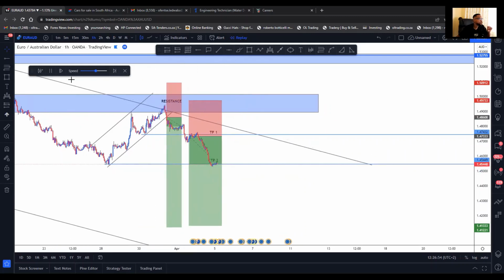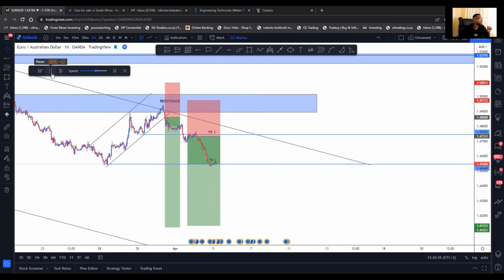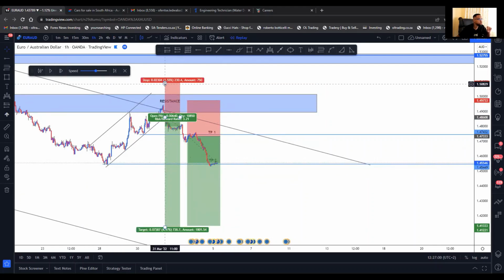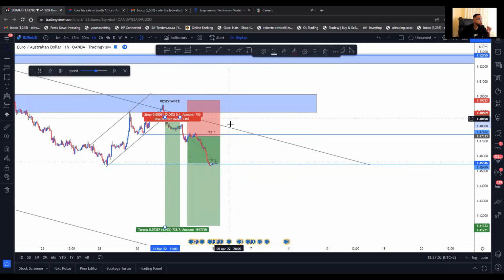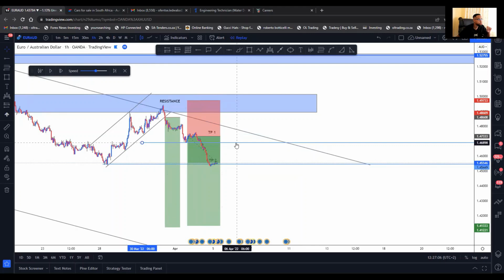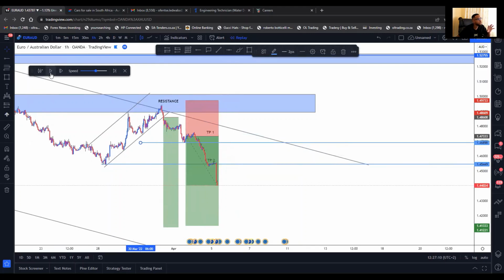So if you were in this trade, what you normally do, if you didn't have your TP at this point, you take your stop loss and you put it here. But always try, guys, to take multiple trades and also partial profit so that you can be able to capitalize on your account. You can see now it pushed further down.